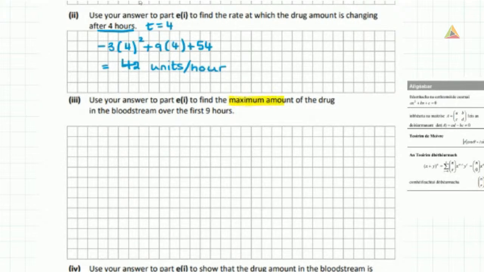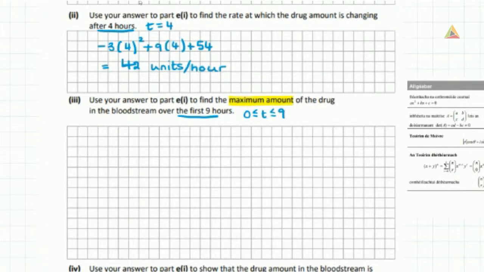So the maximum amount. Now the first 9 hours was just that it told me 0 is less than or equal to t, less than or equal to 9. So it's just for all this time that we're looking at for this question.